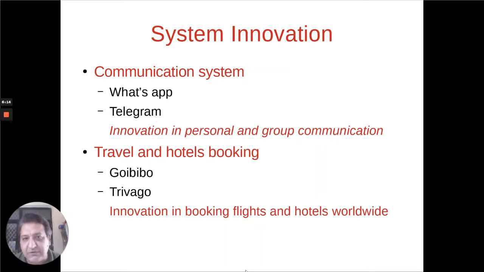Nowadays, it is also being used for marketing purposes. Moving forward, as far as traveling and hotel booking is concerned, GoIbibo is an example of innovation in the system of booking flights or hotels worldwide. Now, what are these? These are examples of system innovation. So this is a second type of innovation. It's a major innovation, which is process and system innovation.